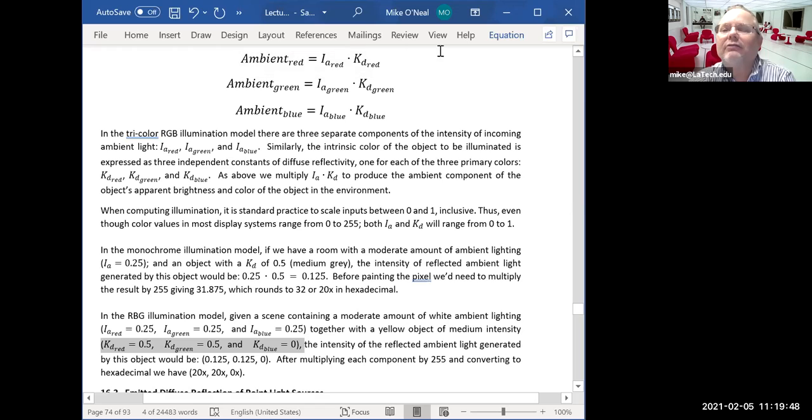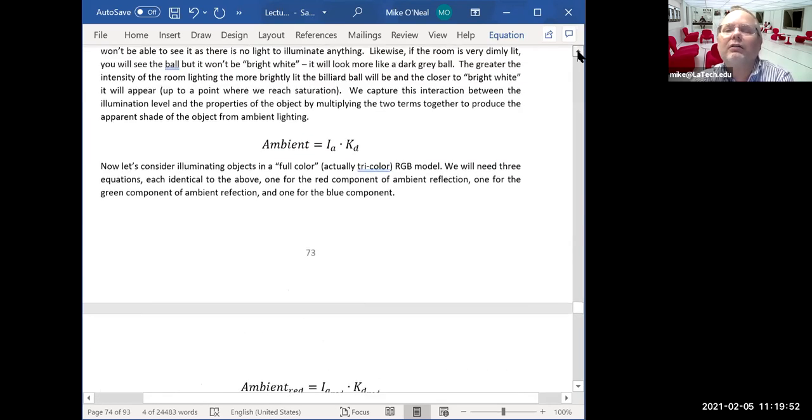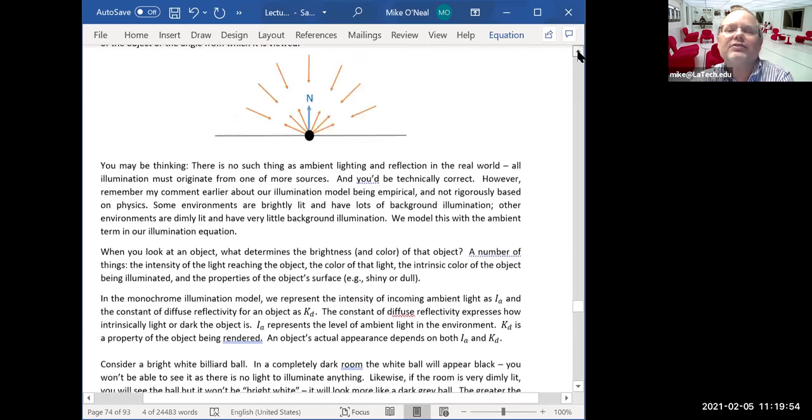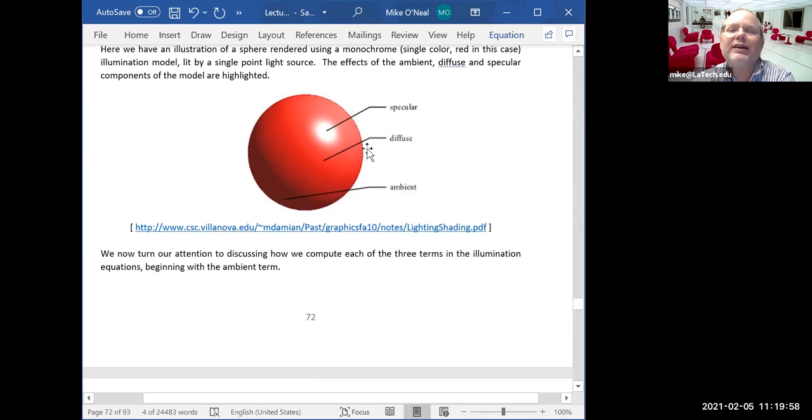Now, this little red sphere that I showed earlier, you don't need a 3-color model to build that, if I can find it, because red's really the only color we have here, except for white and the specular highlight. I have an example where I show that. This is the only place where I'm mixing colors here.